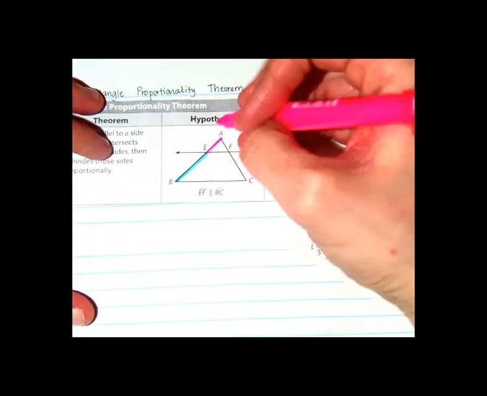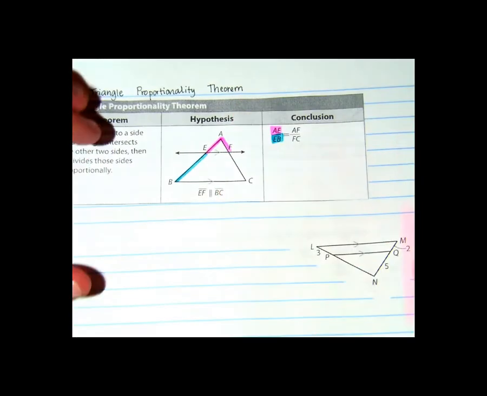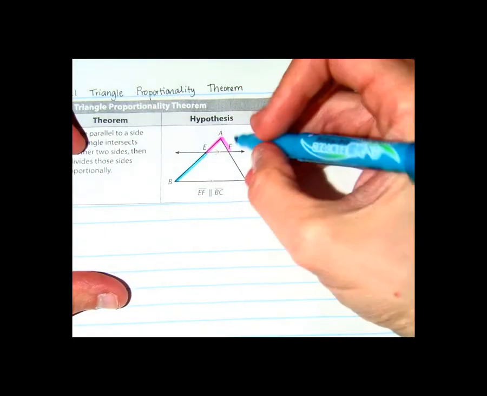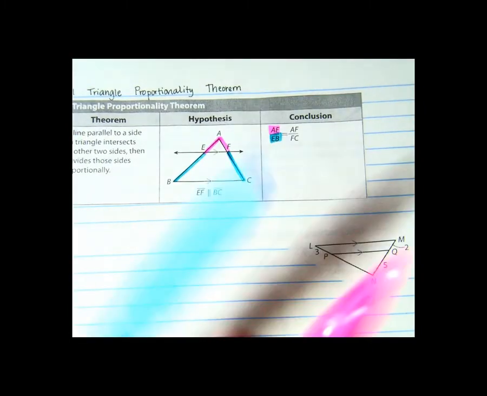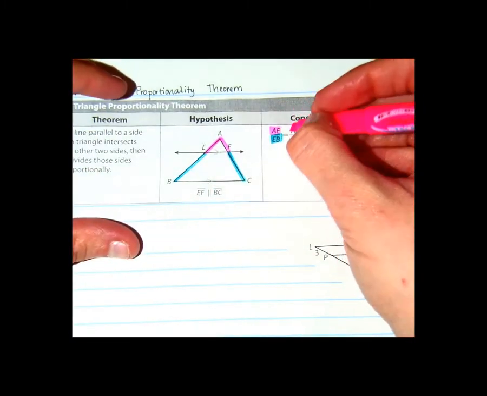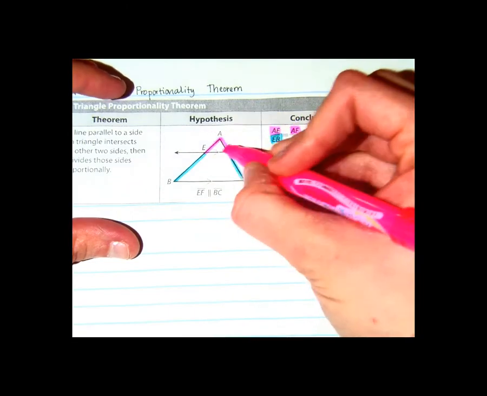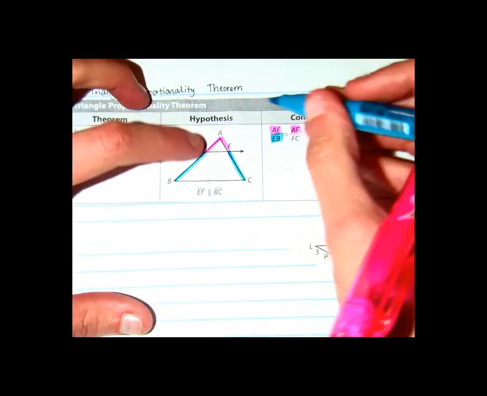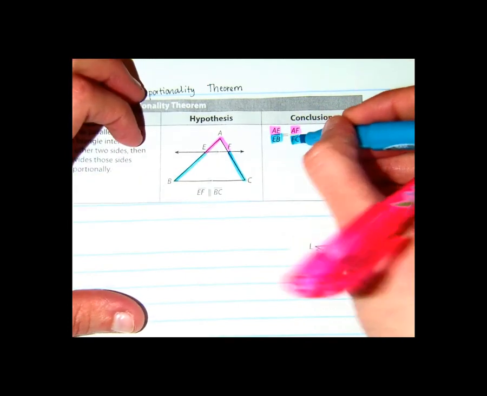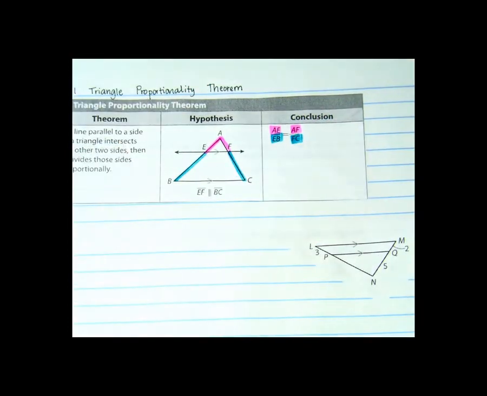And likewise on the other side, AF over FC. So yes, we could prove that the small triangle is similar to the large triangle. However, if they are parallel here, then I know that these are in proportion to each other. So we're going to use that to solve these problems.